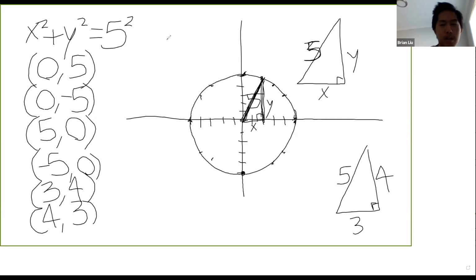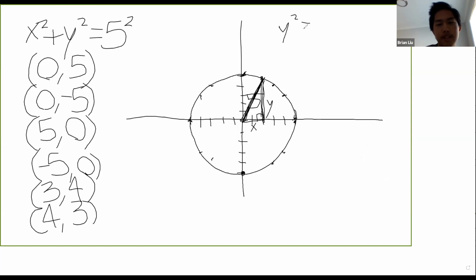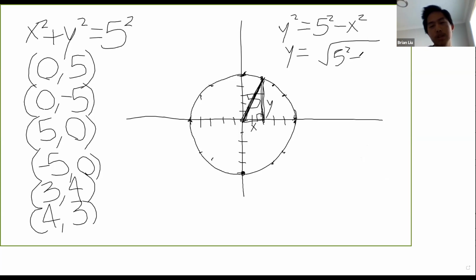Let's put y on one side and x on the other. So y squared equals 5 squared minus x squared. So y equals the square root of 5 squared minus x squared.